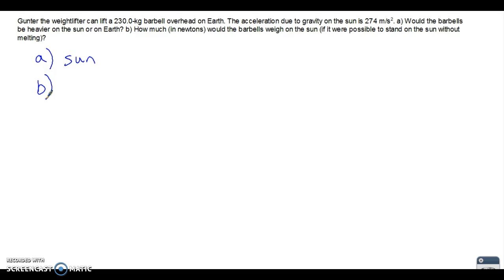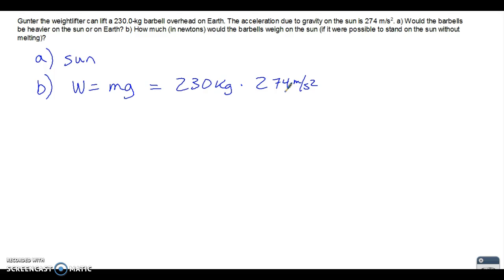And B, how much in newtons would the barbells weigh on the Sun if it were possible to stand on the Sun without melting? To find that, we say weight is equal to mass times gravity, which is 230 kilograms times 274 meters per second squared. That is 3 sig figs, so our total is 3 sig figs.